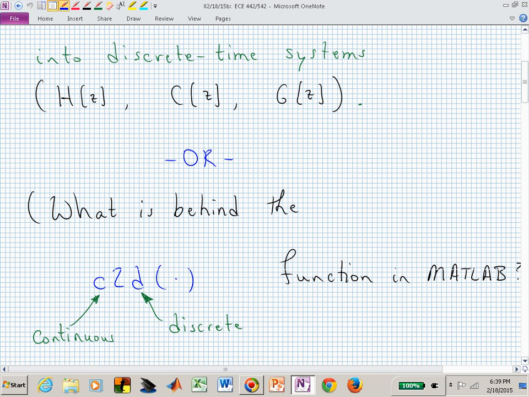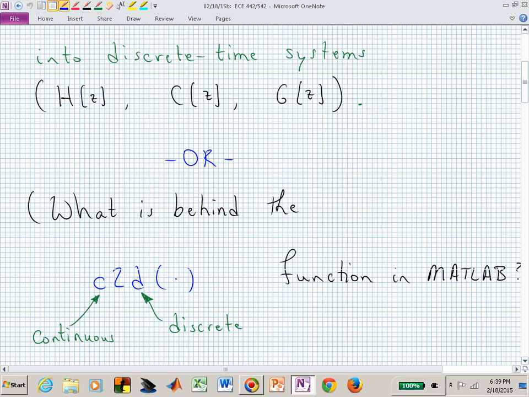Well, it saves in typing. We're engineers, we don't like to type too much, so just C to D, and now we have something in the argument. We want to go continuous to discrete, and we can do that many different ways. If you do a help C to D in MATLAB, it's going to give you a lot of information.